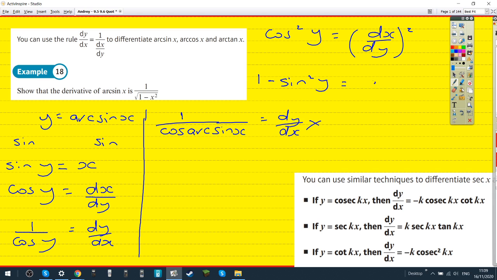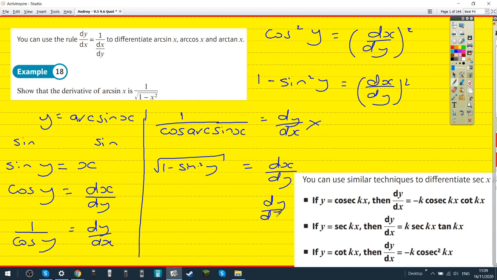Then we could square root both sides. So square root of 1 minus sine squared y. Then flip and then replace with what sine y is equal to. So it'll be 1 minus x squared equals dy dx. That's it. Phew.